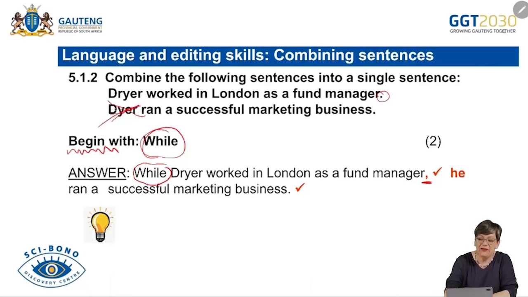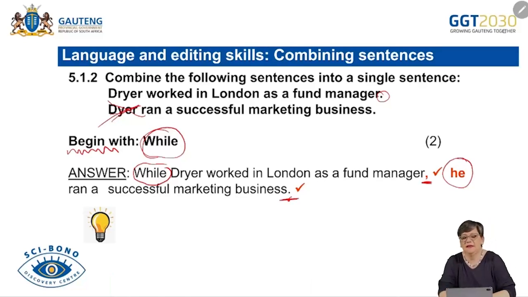Now, instead of using his name again, we used he and we added the last part of the sentence. He ran a successful marketing business. Full stop. Always make sure you've included that. And there are your 2 marks.